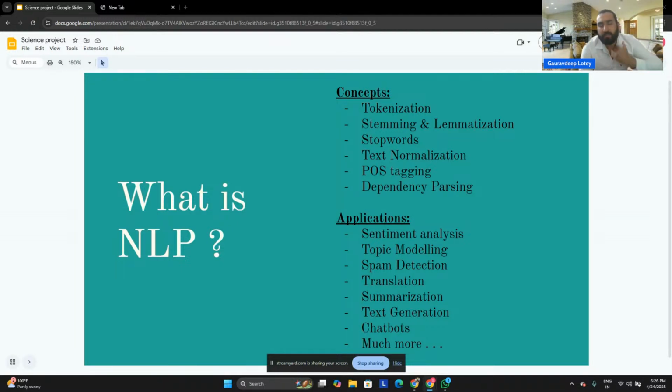Now coming back, that's where the tokens are supposed to be and how they are supposed to address the gap between our language and the computer's language, right?